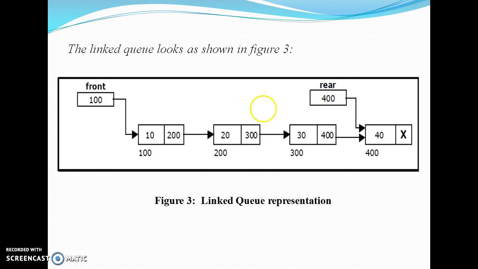You can just see the figure here, where front has the address 100 and rear has the address 400, and each and every node points to the other node using the address. So this is the representation of a queue using a linked list.